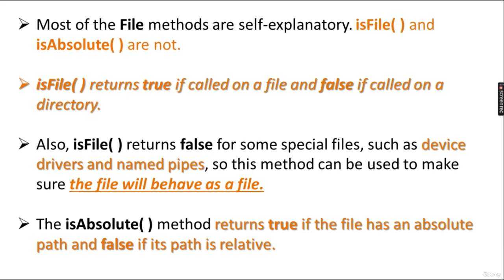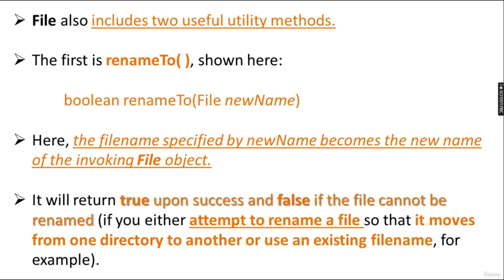So this way, the absolute path directly gives the complete destination, from the source where you have to start to where you have to end. And second is relative path. A relative path is like if you are currently residing in folder 1 and your path is relative, from this folder to this folder, you have to go in such a way, and that will be your relative path.